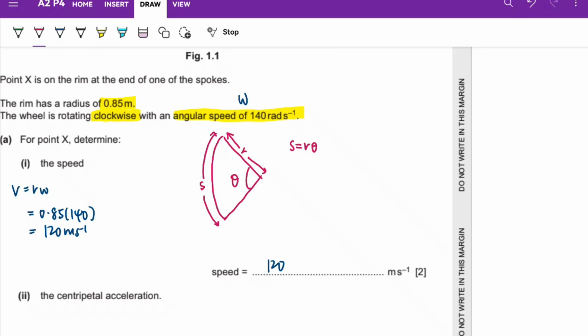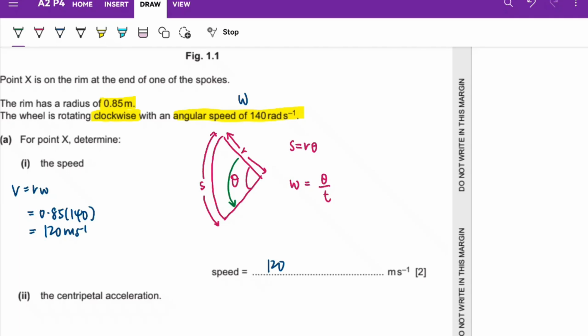So what is angular speed? The name itself, angular, shows that the angle is involved. Angular speed means angle turned through per unit time. The angle goes from here to here per unit time. That is what we call angular speed.